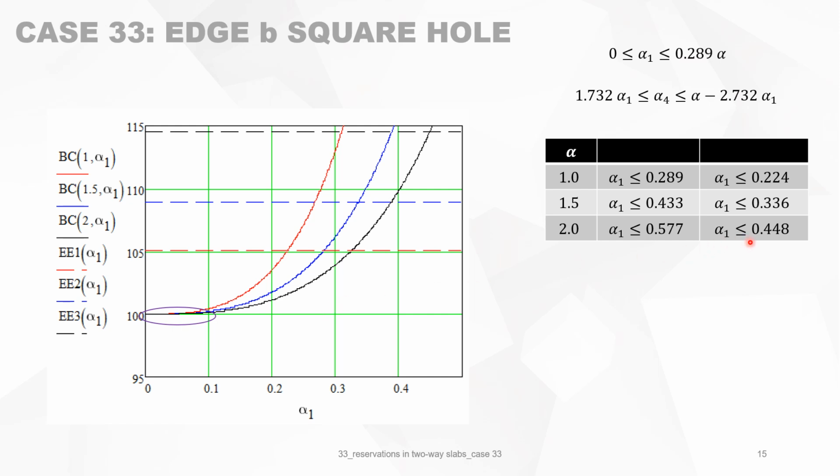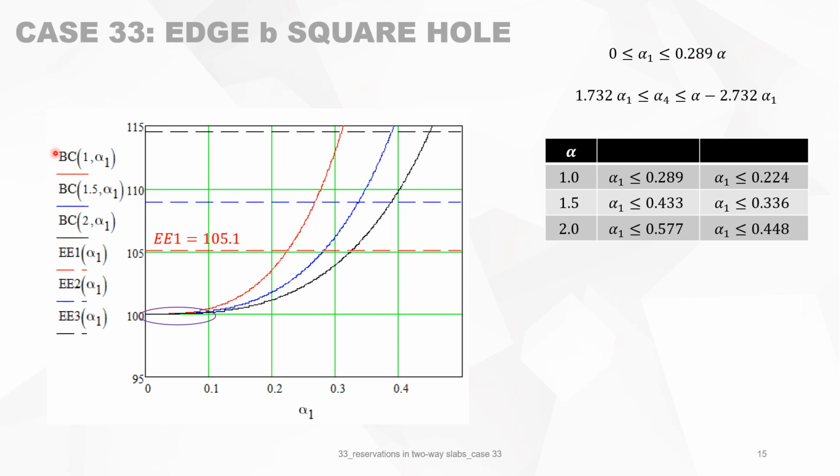The maximum value, for instance, for alpha equals 2, that is the black curve, then you will see here for the black curve, alpha 4, 0.45, for instance, I have here the dotted line, which is the bearing capacity calculated for alpha 1 equals 0.448.